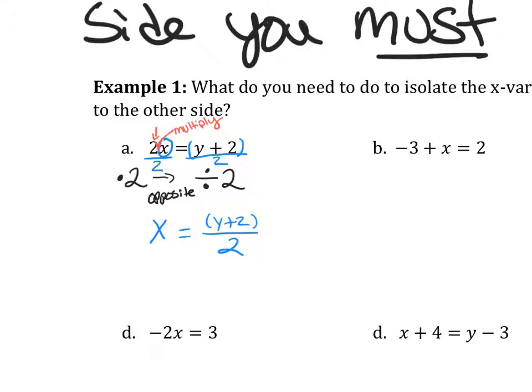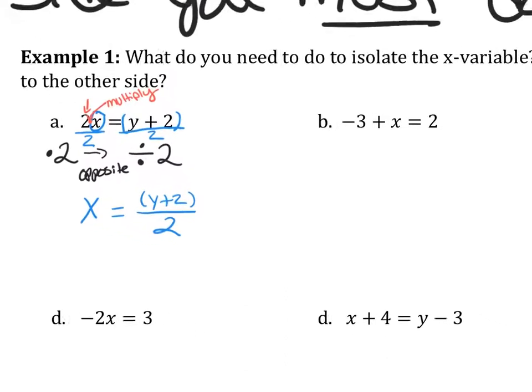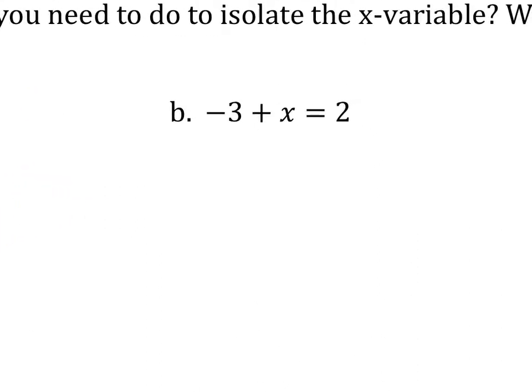All right. Let's take a look at letter B. When we have this negative number leading out in front, this can get a little bit confusing, but there is a way we can make it look a little nicer. If you remember, at the end of last unit, we talked about the properties of real numbers, and there was one called the commutative property of addition, which means the order that you're adding doesn't matter.